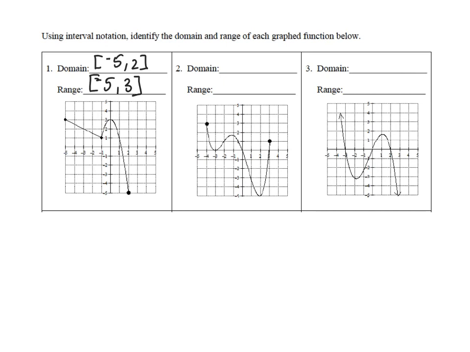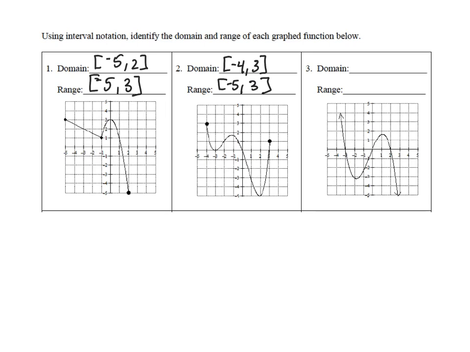In my next one, again, lowest x value to highest x value is the domain. My lowest x value is -4 to +3. My range, lowest y value up to the highest y value, so -5 up to +3.